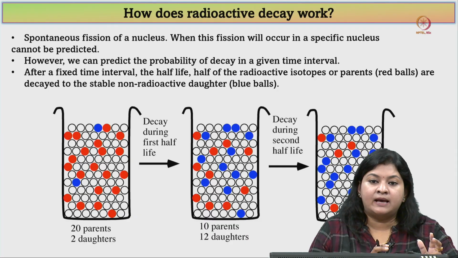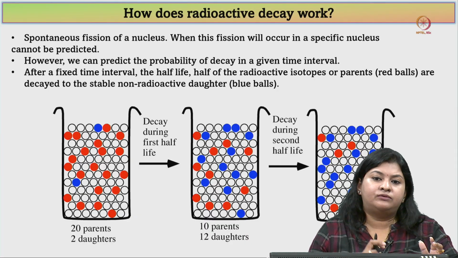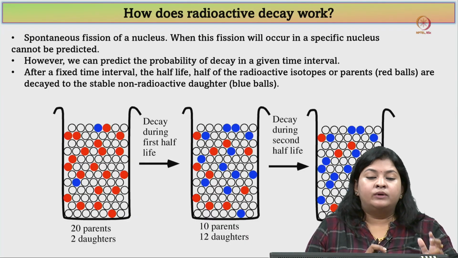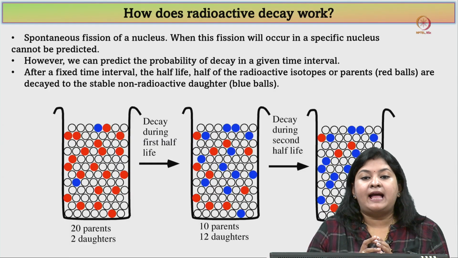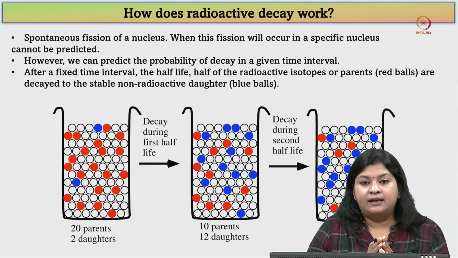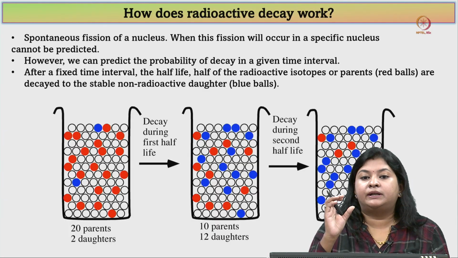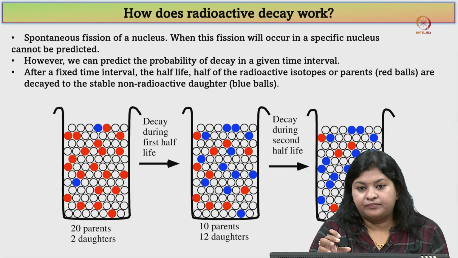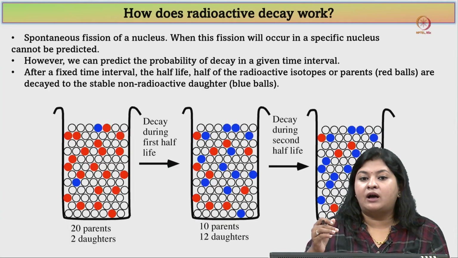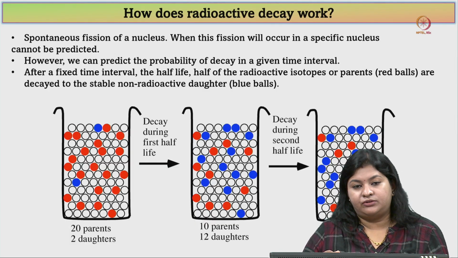A few slides back I was talking about the half life of the nucleus. What is the half life? Half life is the average time in which the number of atoms of a particular radioactive parent has decayed to half of its initial concentration.